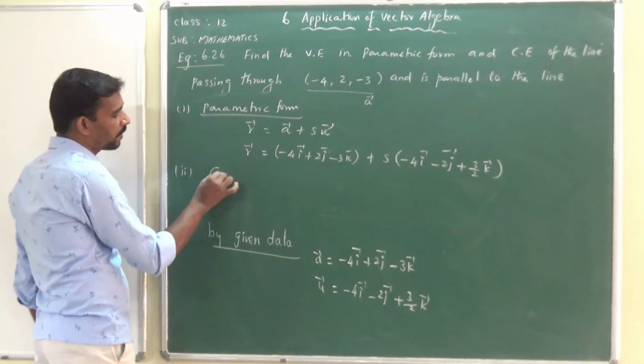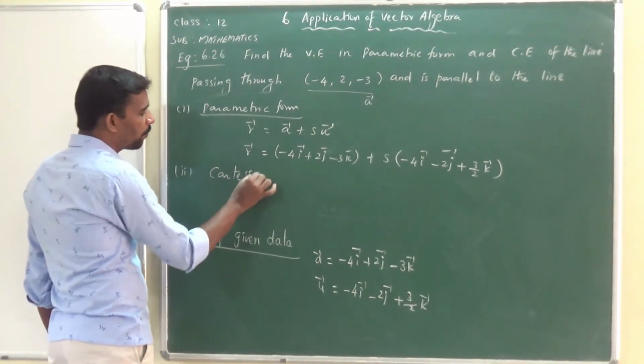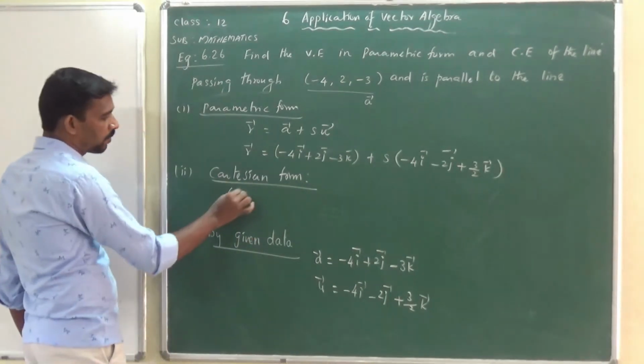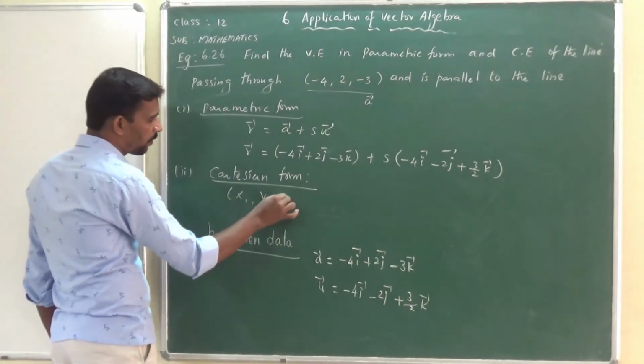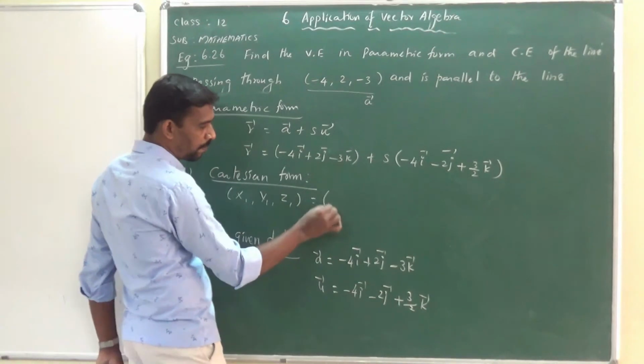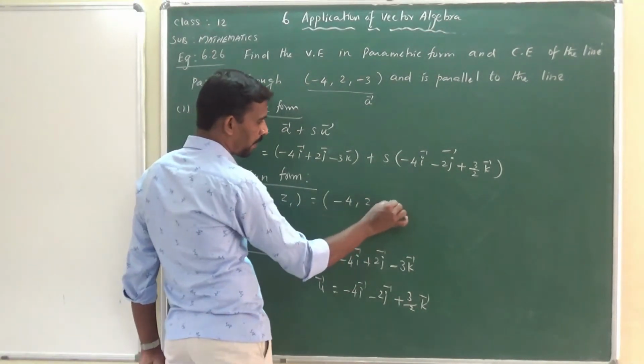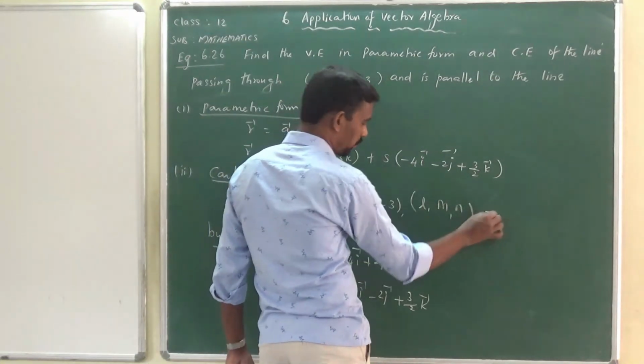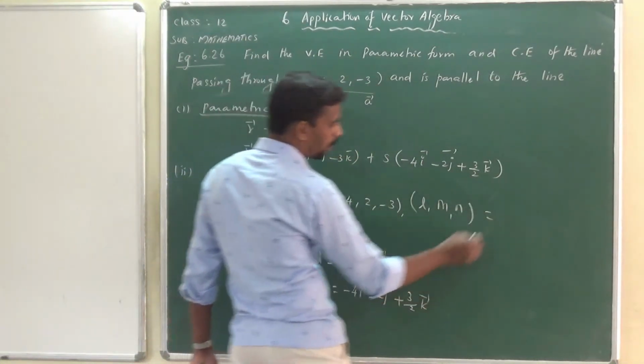Next one, Cartesian form. For Cartesian form, we have to take x1, y1, z1, which is the point here, minus 4, 2, minus 3, and l, m, n, which must be minus 4, minus 2, 3 by 2.